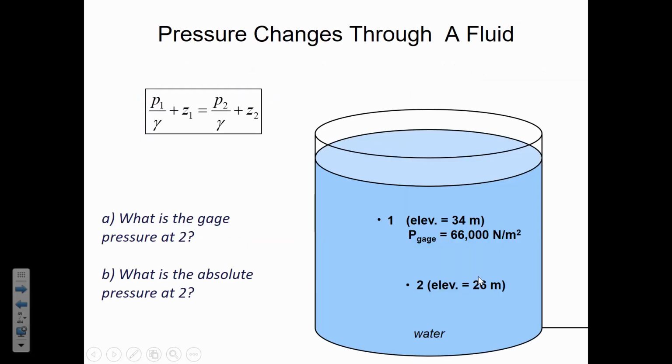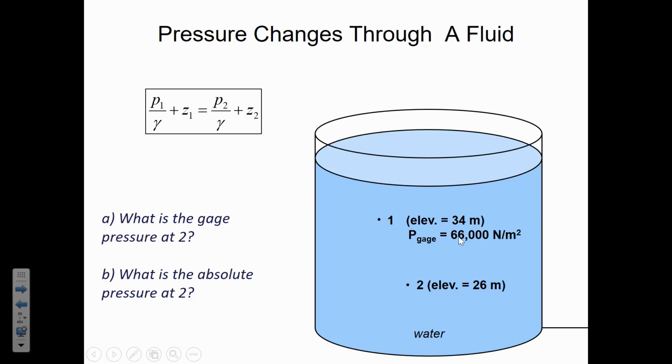Let's just do that with this tank. Let's say that at 1, we know the elevation is 34 meters above some datum, and the measured gauge pressure is 66,000 pascals. What does gauge pressure mean? How much pressure is above atmospheric pressure? That's right. So gauge pressure is using atmospheric as the baseline.